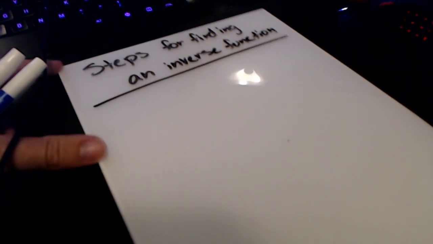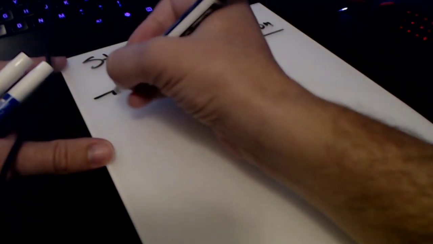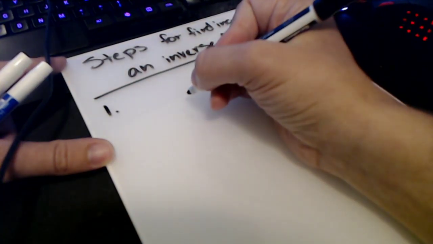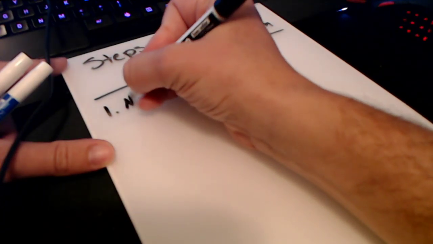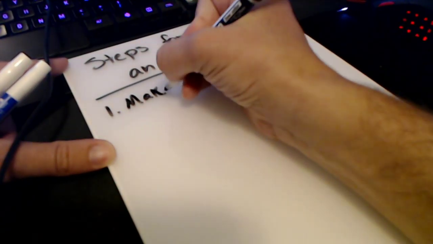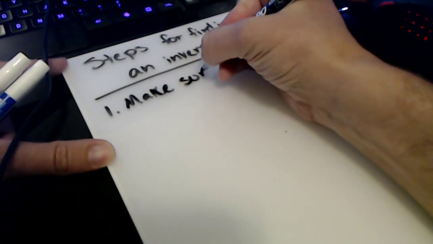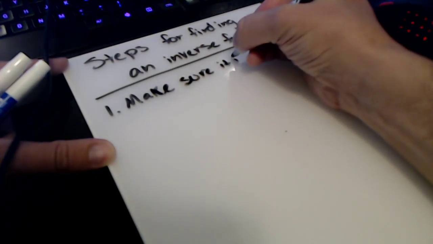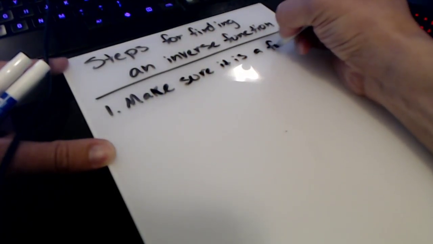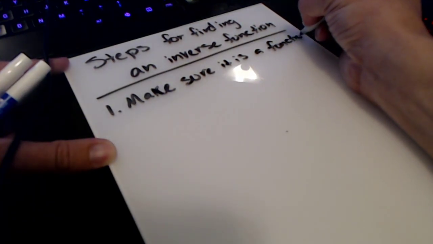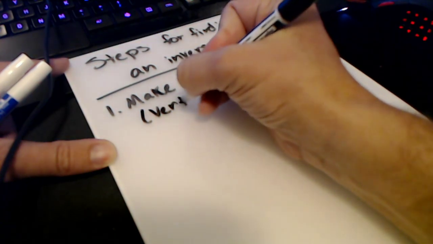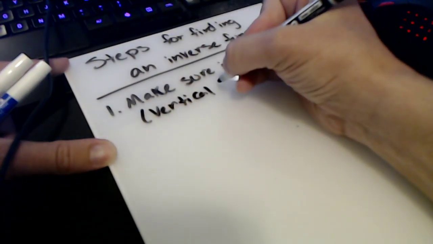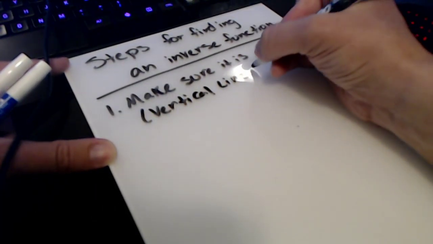Step 1: make sure it is a function. We do this via vertical line test.